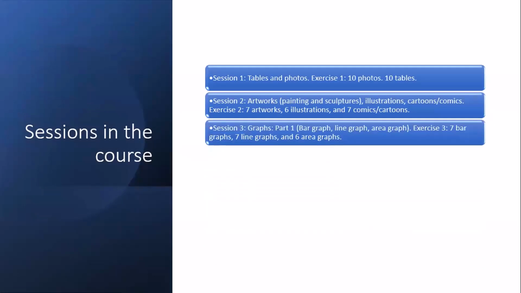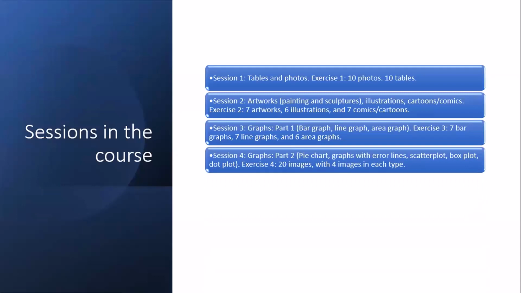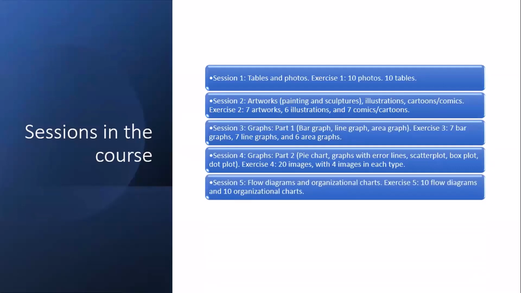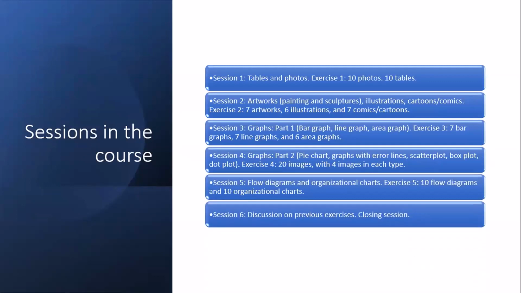In session 3, we teach you about graphs: bar graph, line graph, and area graph. In session 4, we teach pie chart, graphs with error lines, scatter plot, box plot, and dot plot. In session 5, we have flow diagrams and organizational charts. In session 6, we have a discussion on all these previous exercises.